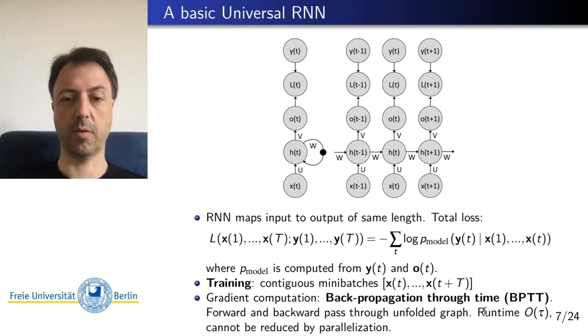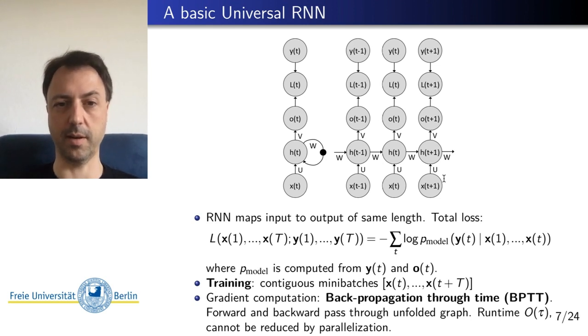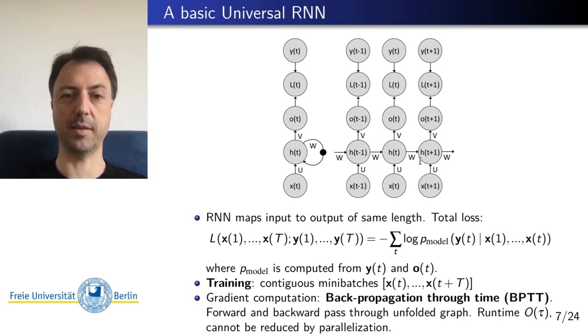So our runtime is now linear in the number of time steps capital T, so in the sequence length of the sub-trajectories that we train for. And we cannot parallelize over time steps, so we cannot compute them independently because of this dependence in time.